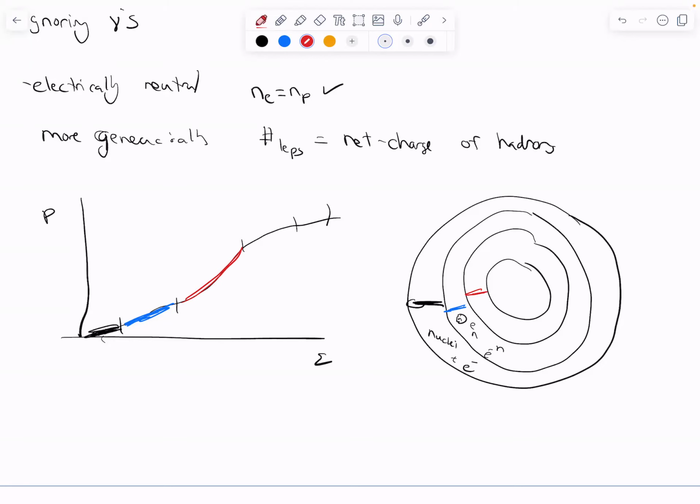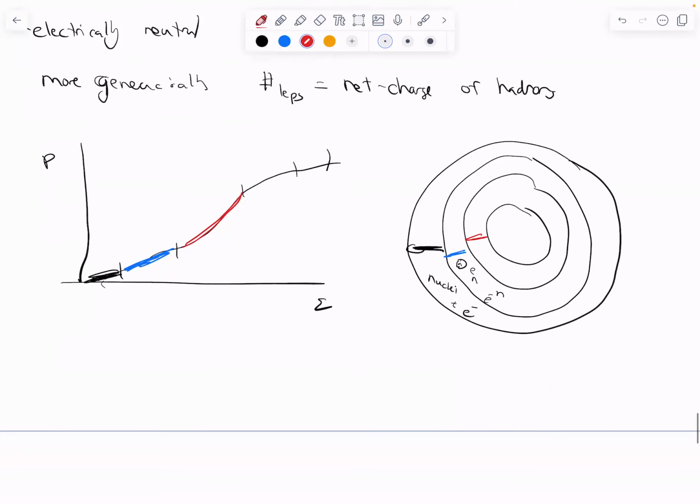But if I go to my mass radius curve, this is still just one line, giving me just one mass radius curve. The way to think about this is if I have a lighter neutron star, I might not get through all those layers.